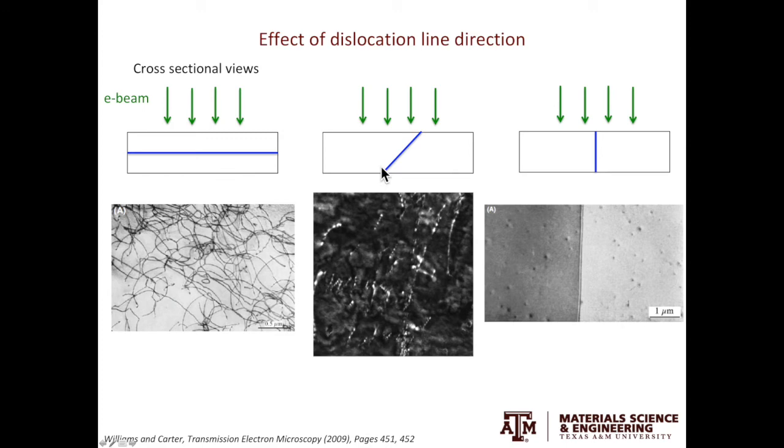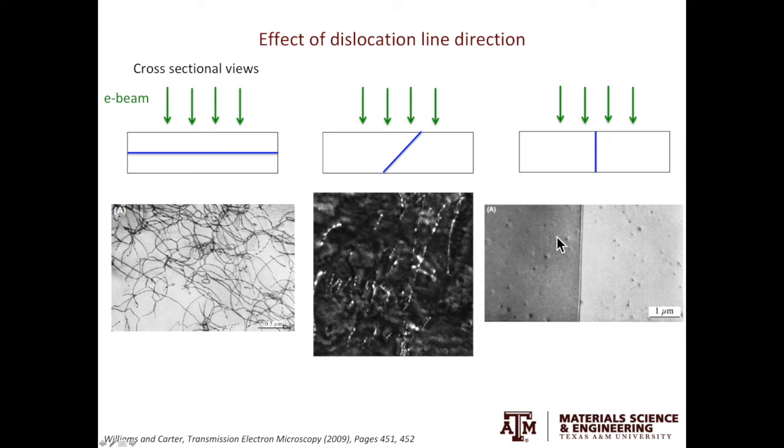In the second case, the dislocations are inclined through the thickness of the foil. You can see alternating bright and dark contrast in dislocation lines. This alternating contrast can be explained by both the dynamical and kinematical approximations. In the very last case, you have dislocation lines going parallel to the electron beam direction.